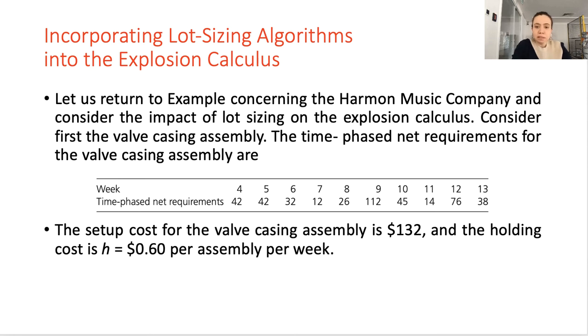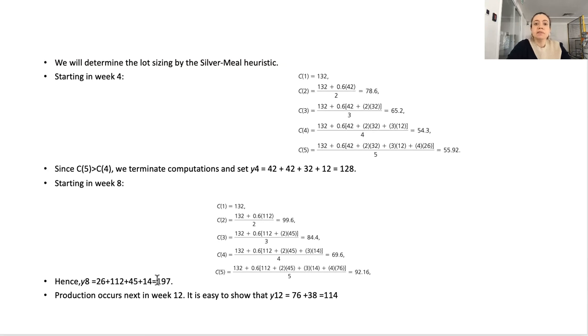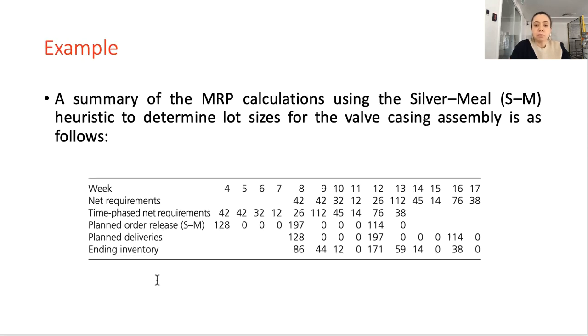These are the time-phased net requirements for this assembly. We assume that there is a setup cost of $132 and a holding cost of $0.6 per assembly per week. Now we will apply the Silver-Meal heuristic approach for this assembly, and when we make the calculations, we obtain such a production plan for this assembly.